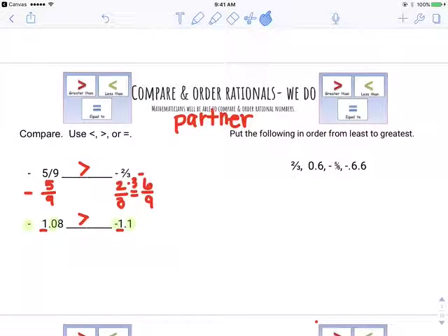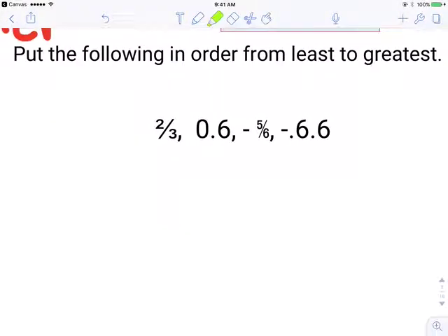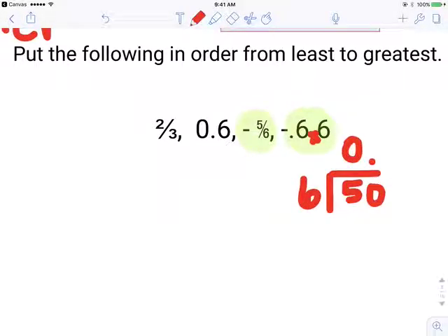Put the following in order from least to greatest. Again, I like to do negatives first, positives second. If that's not the way you did it, that's okay. But with your partner, you should have decided, and by the way, this is a typo. I'm sorry. That should be 0.66. You are going to have to change 5/6 into a decimal, which is the work we did on Friday.